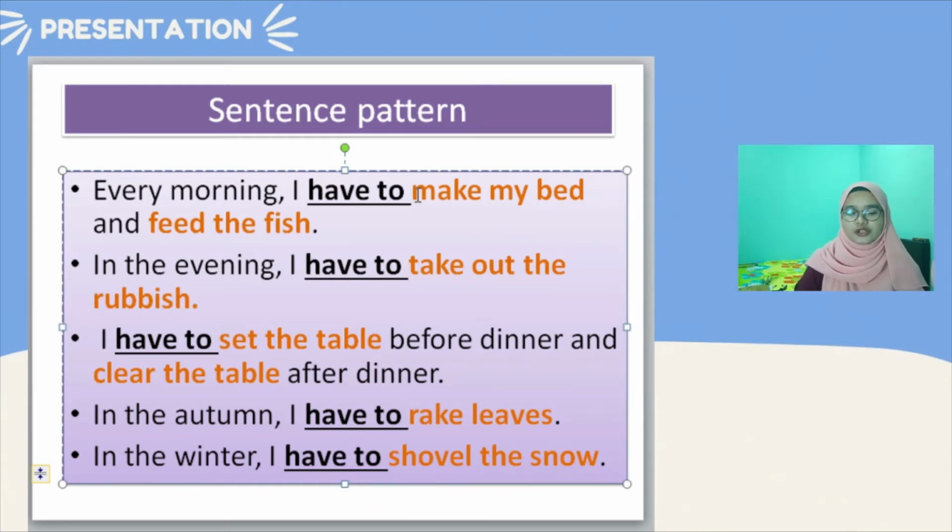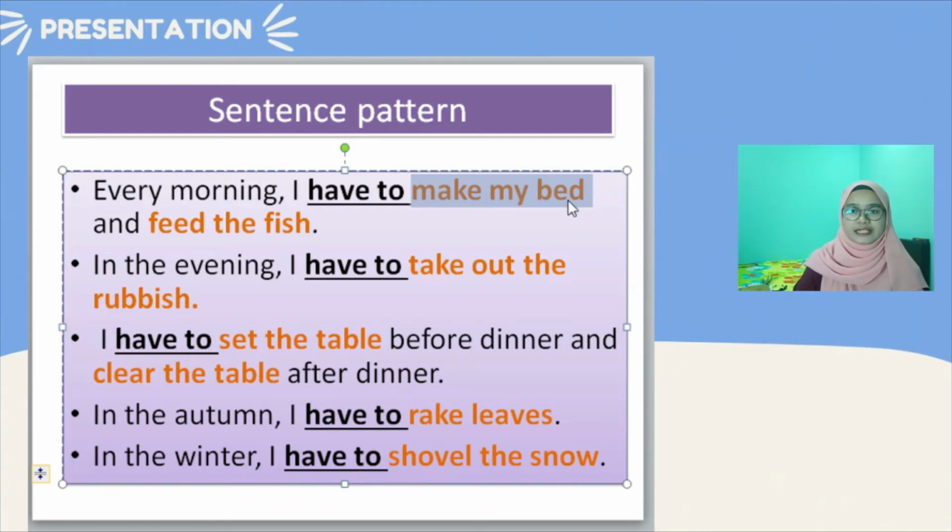So here we have I, which represents subject. We also have the phrase have to here, which represents verb to have, and we also have the phrase of housework here, which represents complement.